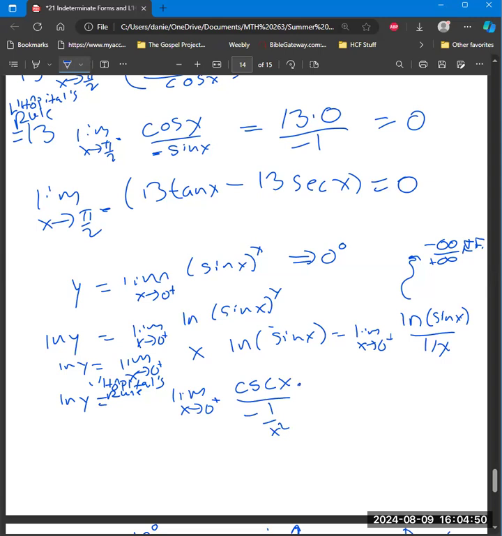Let's see, times, so u is sine, so I have 1 over u times du dx, so I need a cosine here as well.